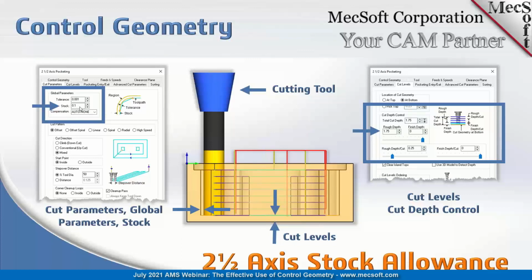On the cut parameters tab, you control the XY stock allowance. The cut levels tab is where you control the Z depth. If you want to leave some stock allowance in your Z depths, you can use the cut levels tab to divide your total cut depth into both a rough depth and a finish depth. So you can leave some finishing stock at the bottom of your cut levels.